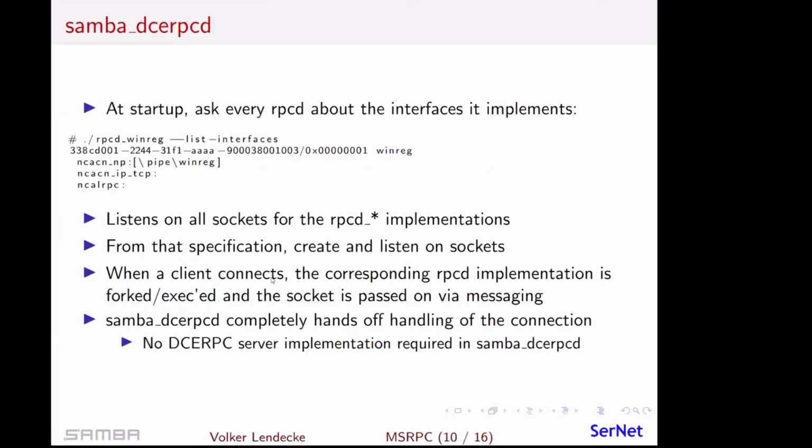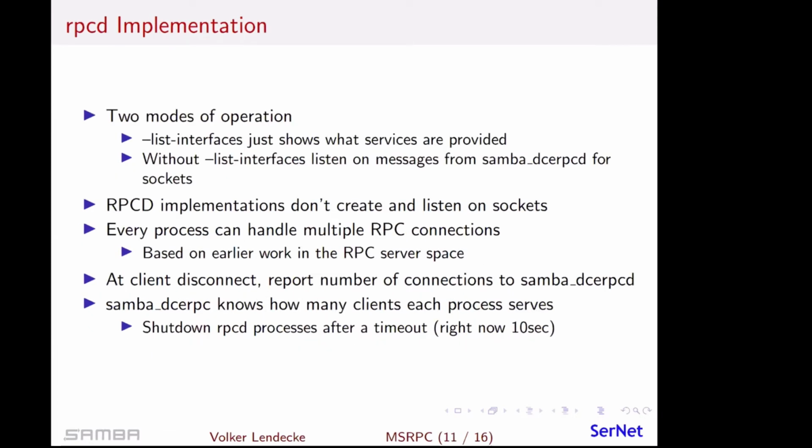This one here, Samba DC RPCD, just listens and hands off all the connection traffic to the RPCD implementations. Now let's look at the RPCD implementations. They have two modes of operation. With --list-interfaces it just shows what services are provided, for the parent to listen on.